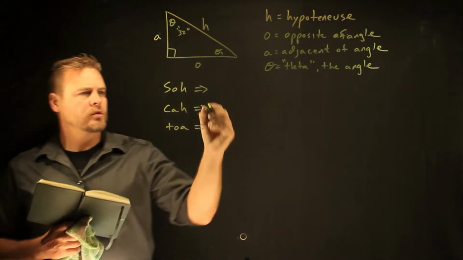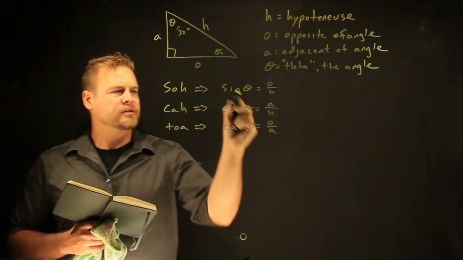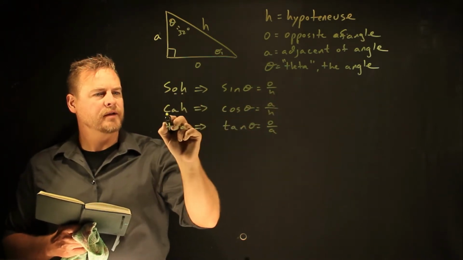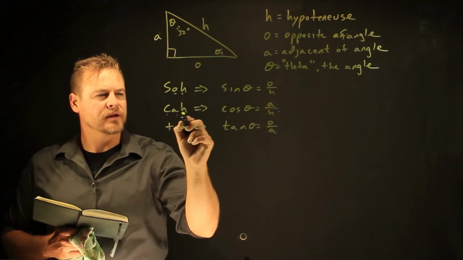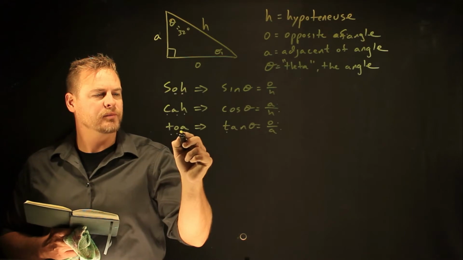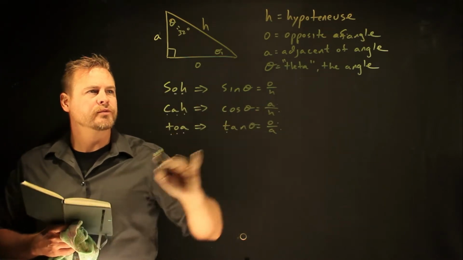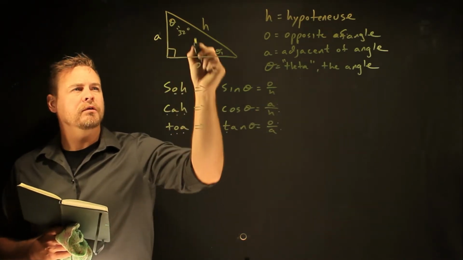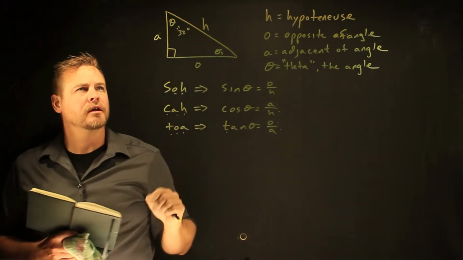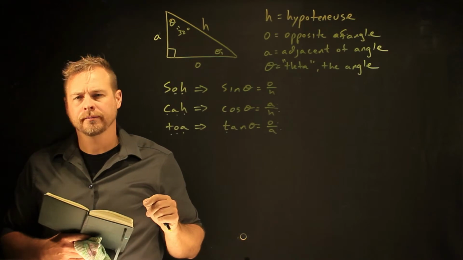SOHCAHTOA. SOHCAHTOA stands for the sine of theta is equal to opposite over hypotenuse, the cosine of theta is adjacent over hypotenuse, and the tangent of theta will be equal to the opposite over adjacent. So these rules will help us solve for missing legs of a triangle given a known angle.